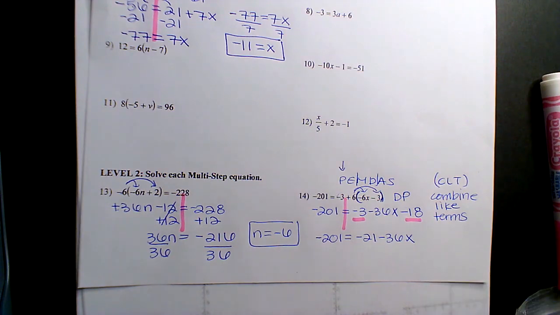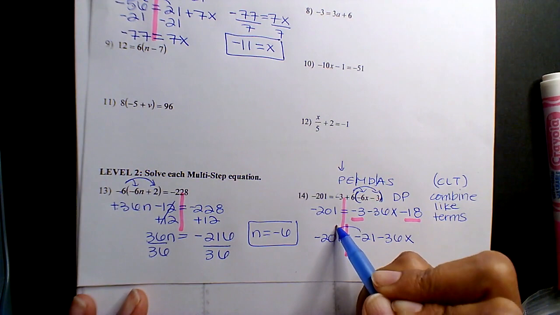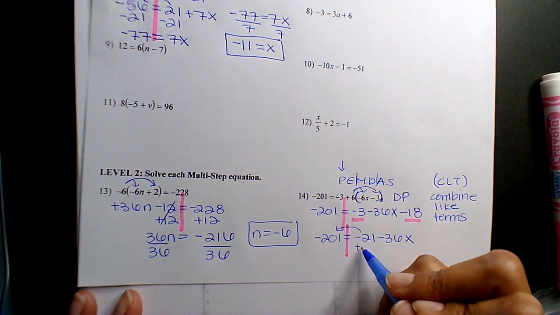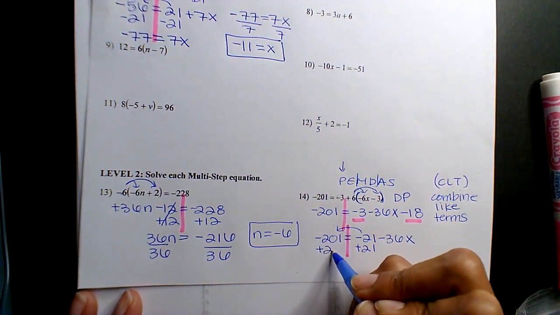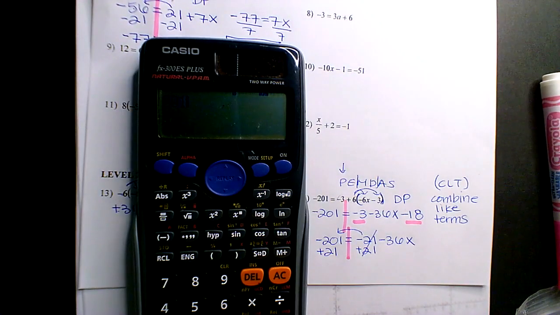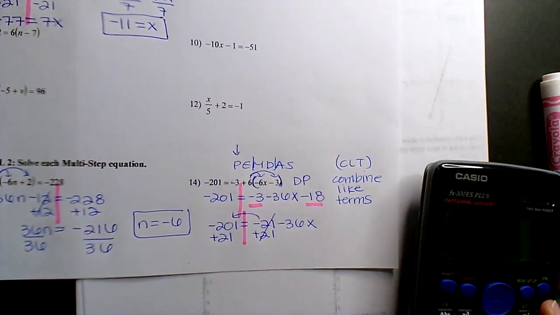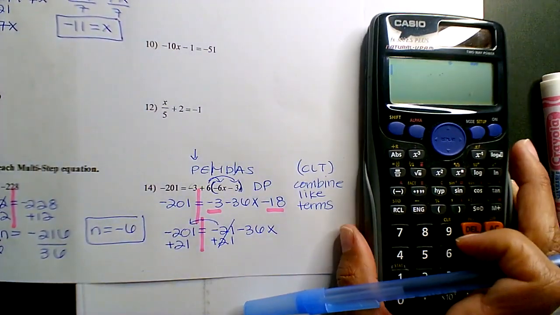And so again, where's your equal sign? And now you're going to inverse operate. I want the 21 to combine with the negative 201, so switch the negative to a positive. So this goes to 0. 201. Oh wait, that's supposed to be a negative. Oh, you guys can't see anyways. I keep forgetting. Yeah, you're gonna have to let me know.